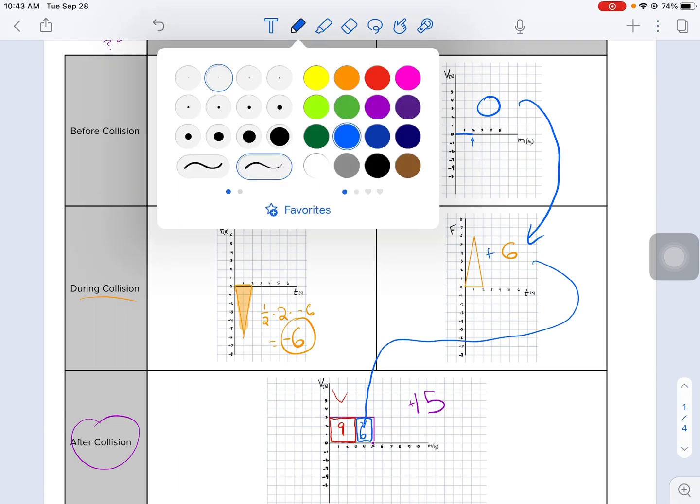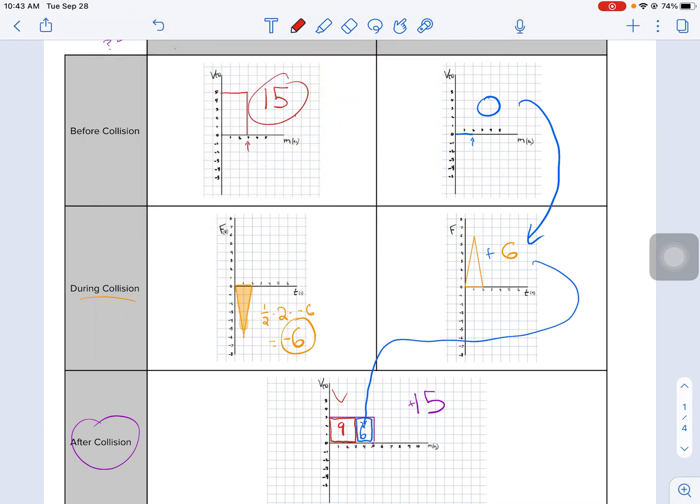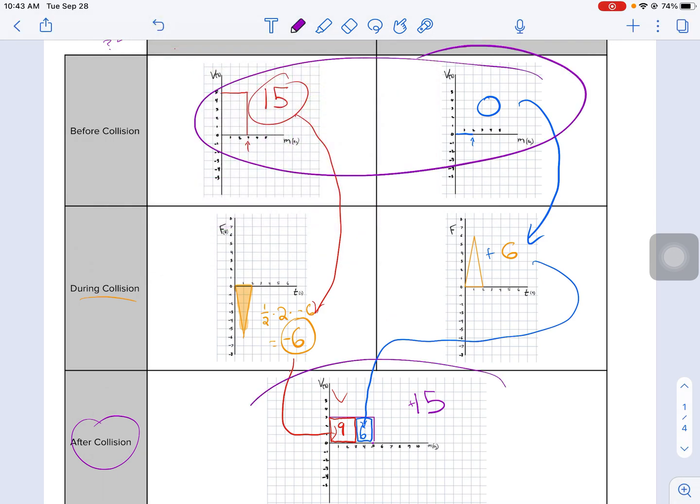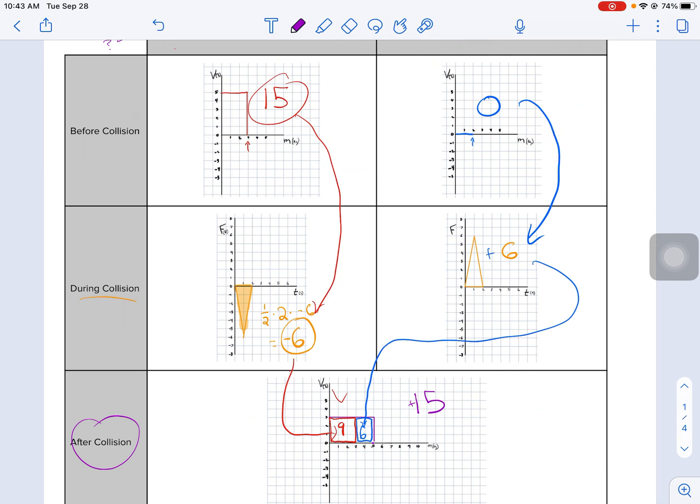Now, if we started with the red with 15, subtract 6, we get 9. And look at that. It's this beautiful Sudoku puzzle. It didn't give me all the information, but I used the law of conservation of momentum so that I knew that the total momentum before equaled the total momentum afterwards. And then I started solving for what I didn't know. That's how you do these.